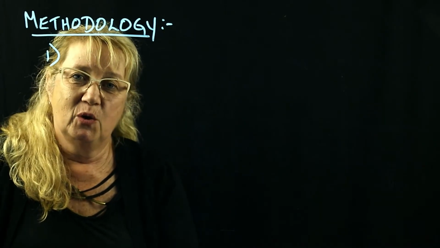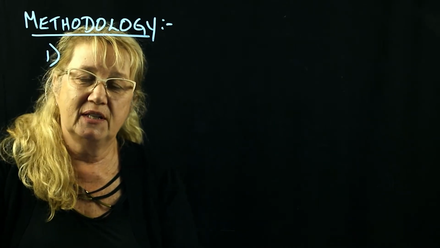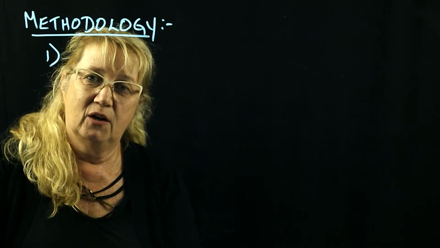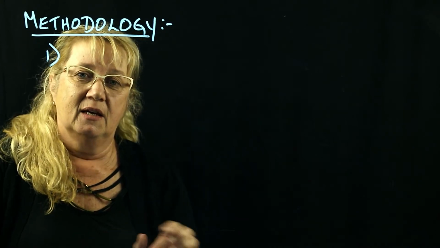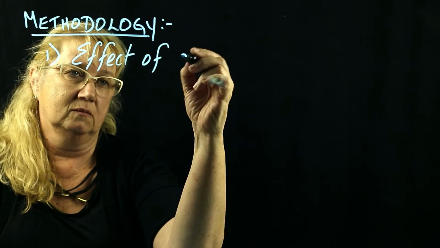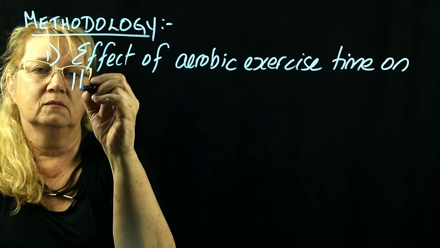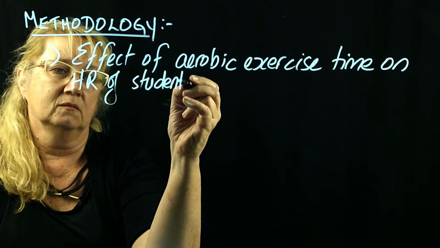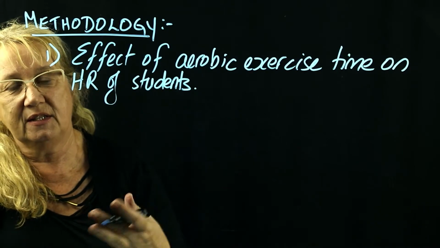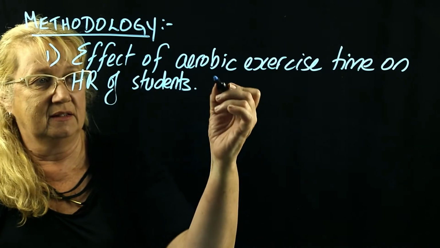In our scenarios, we are basing our student experiment on a class prac where students looked at the effect of the time spent on aerobic exercise and the heart rate of students. It is important that you include a hyperlink so that the examiner can find the original to look back at it.